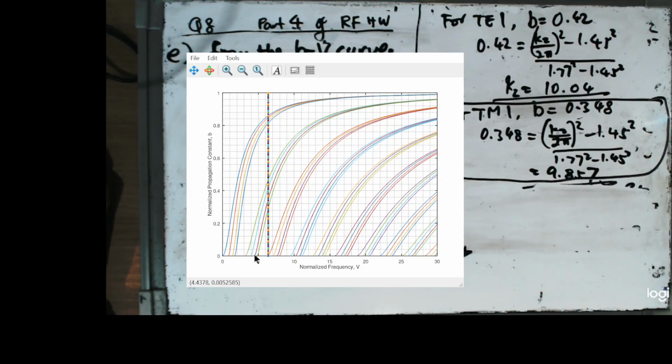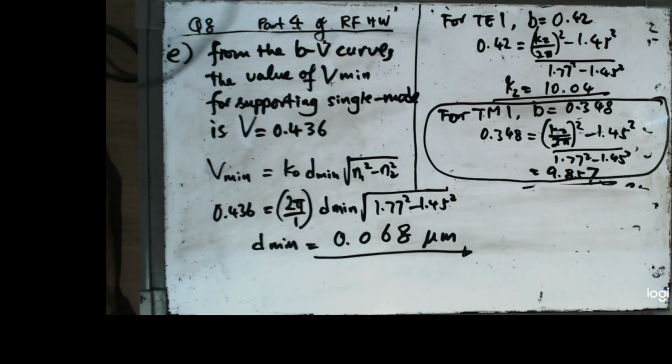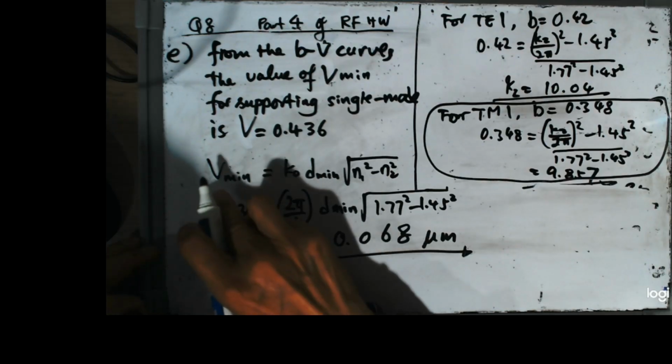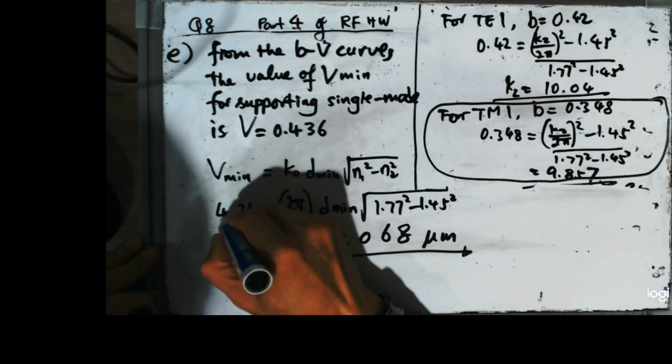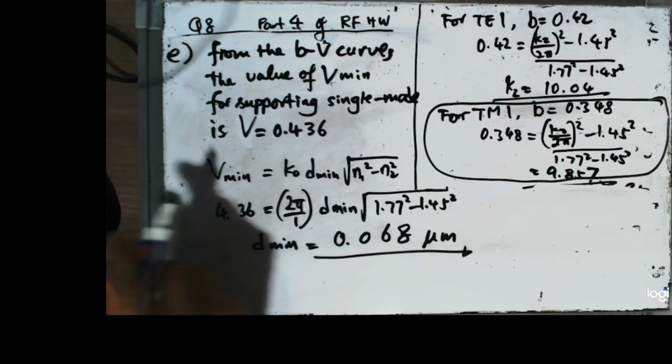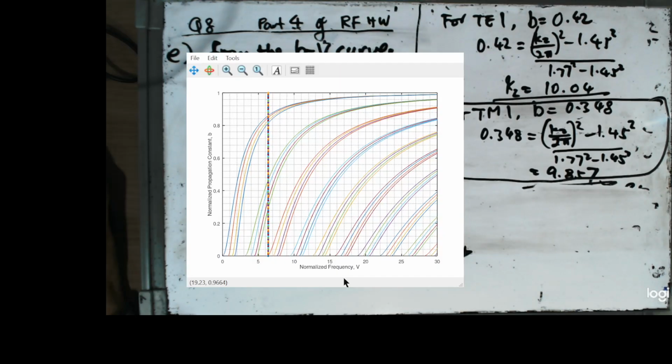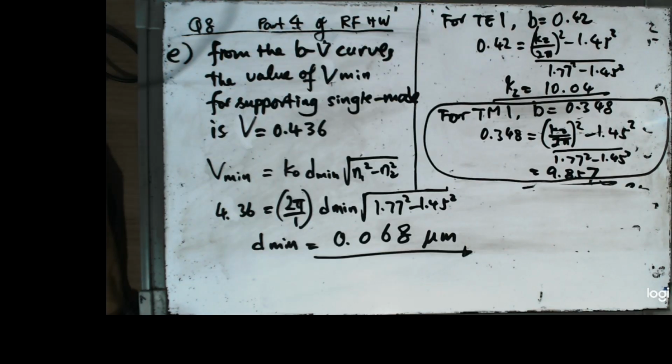Okay, I think I know what happened now. I got the V number wrong. Okay, this value should be 4.36, 4.43.